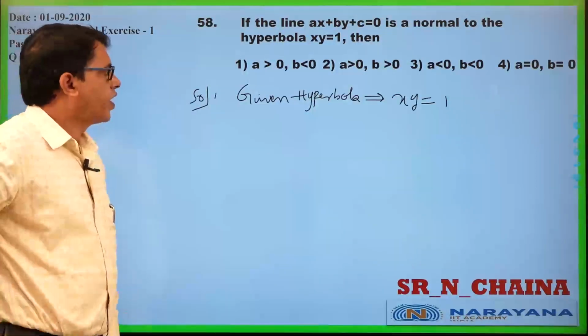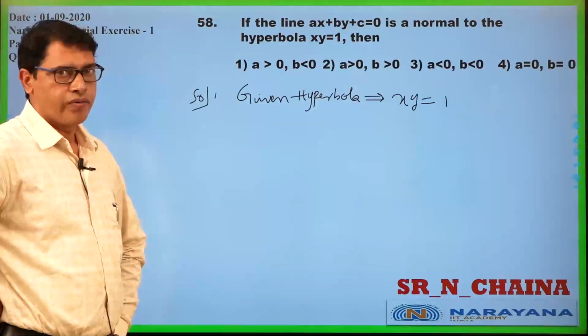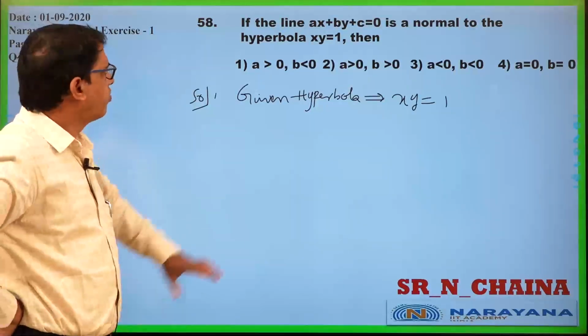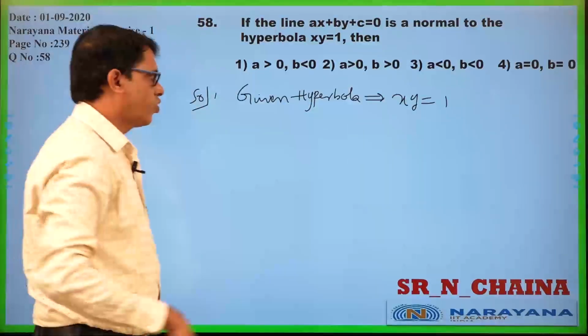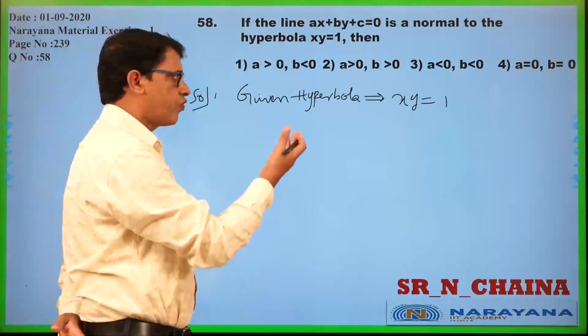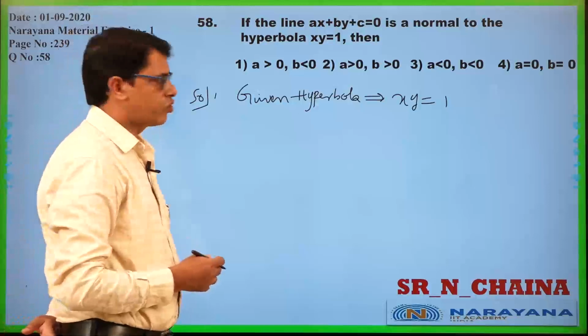Okay. Now let us find the slope of the normal, because the normal is given, no? Normal is given. So to find the slope of the normal, first I am going to find the slope of the tangent.